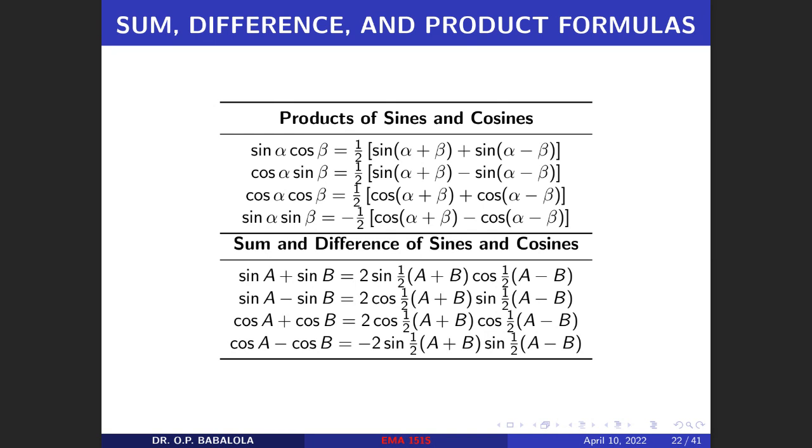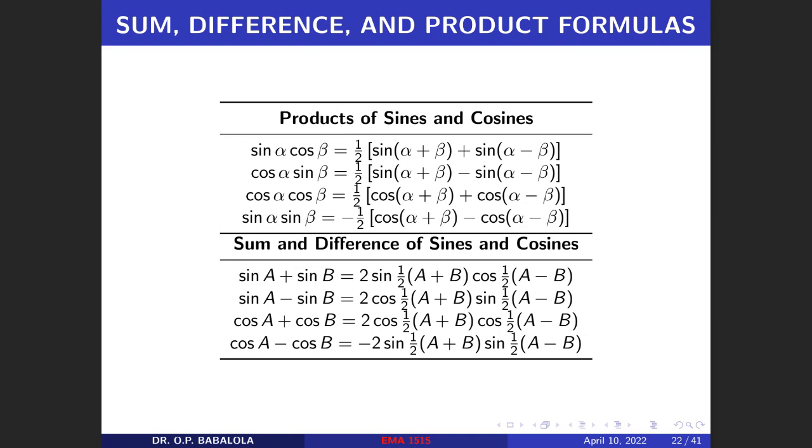Okay. So we continue. Now we have the following formulas, and you need to understand what each of the formulas will be used for, okay? One, we use sine and cosine formulas for products. Product means when you multiply sine and cosine, you have a formula for that.